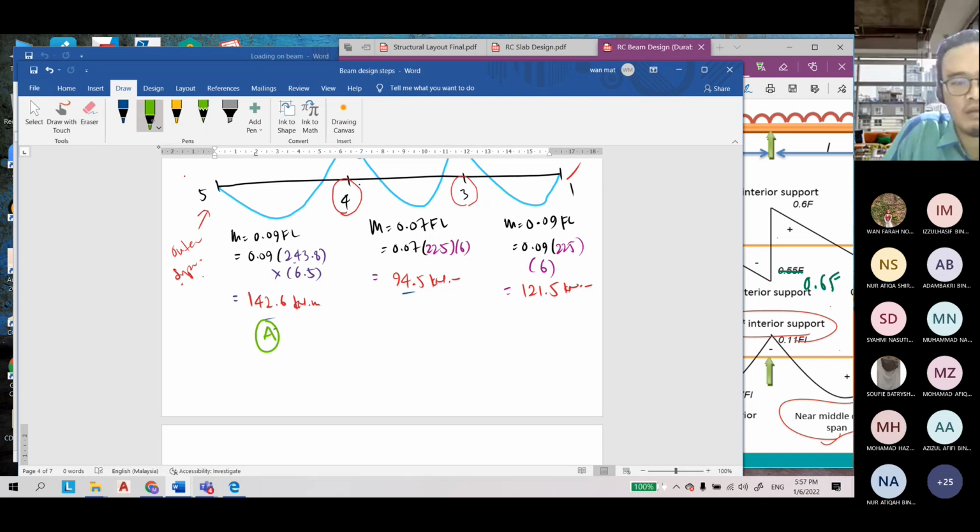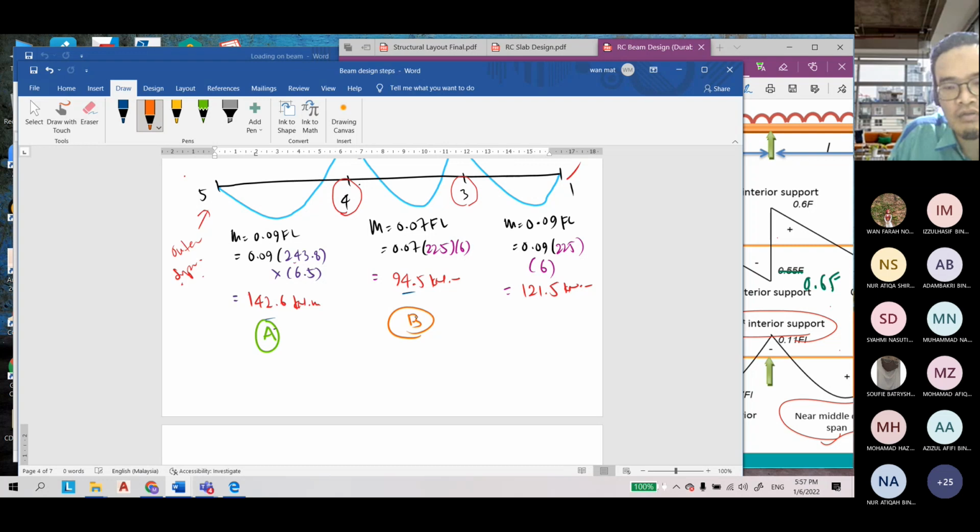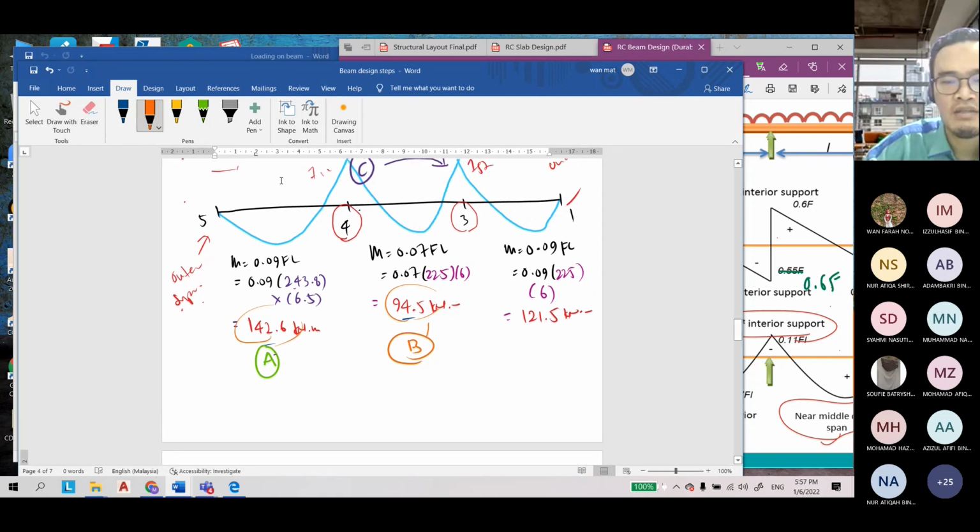Okay, this is your B, the orange color, because the bending moment difference is too big, so you provide one. You can just design one. Let's say 3H20. So you can use 3H20.